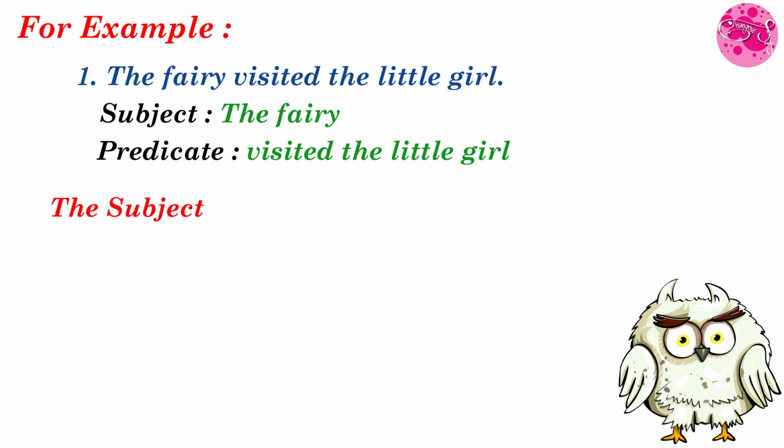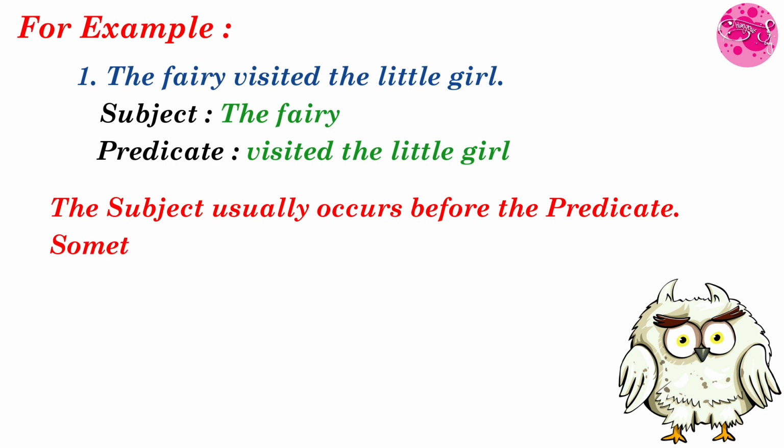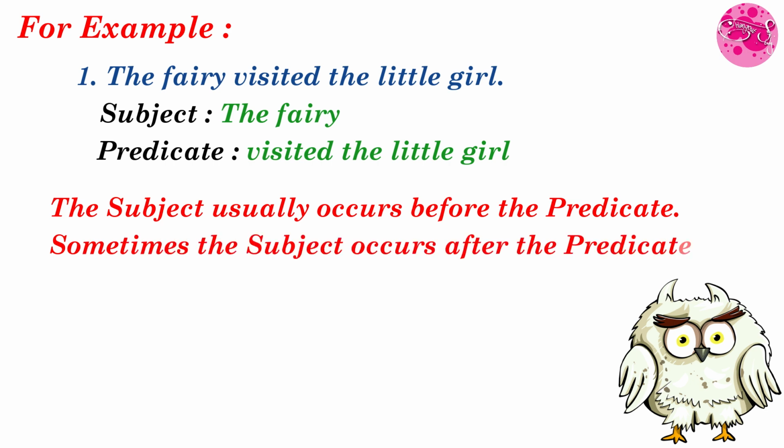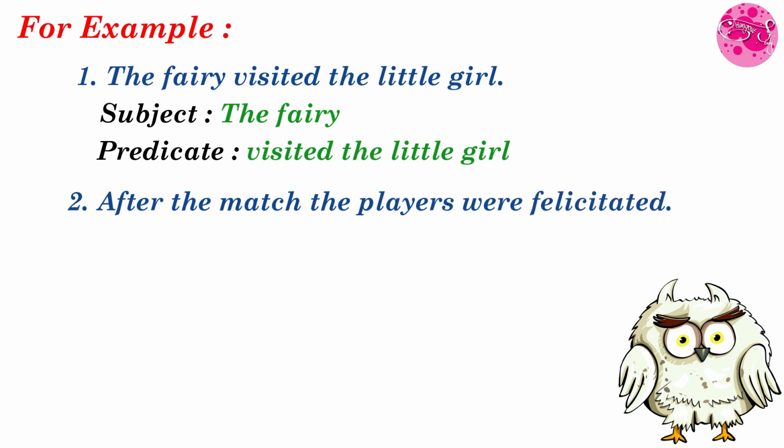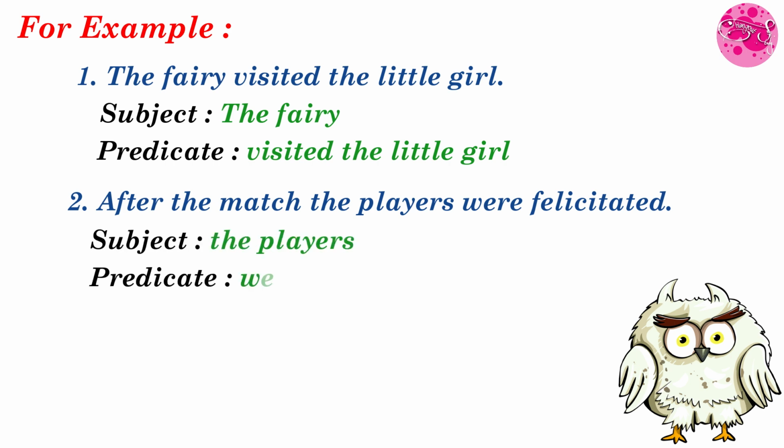In some cases, the subject usually occurs before the predicate. Sometimes the subject occurs after the predicate or part of it. For example, after the match, the players were felicitated. Now here, the subject is the players. Okay? And the predicate is were felicitated after the match.